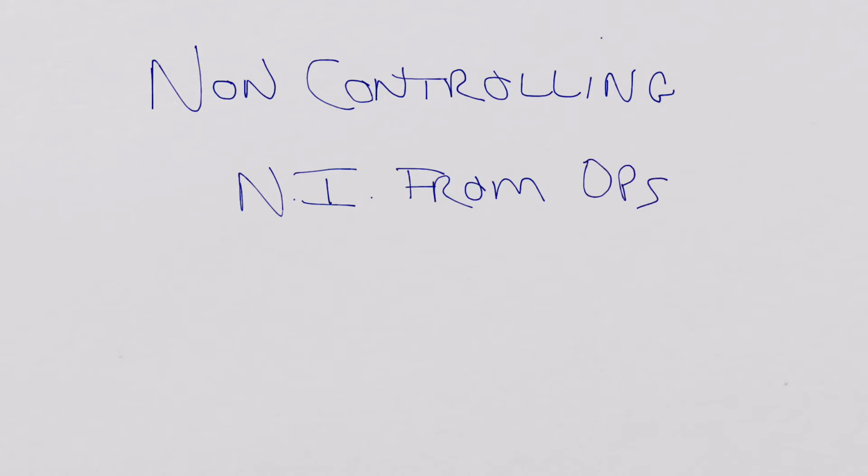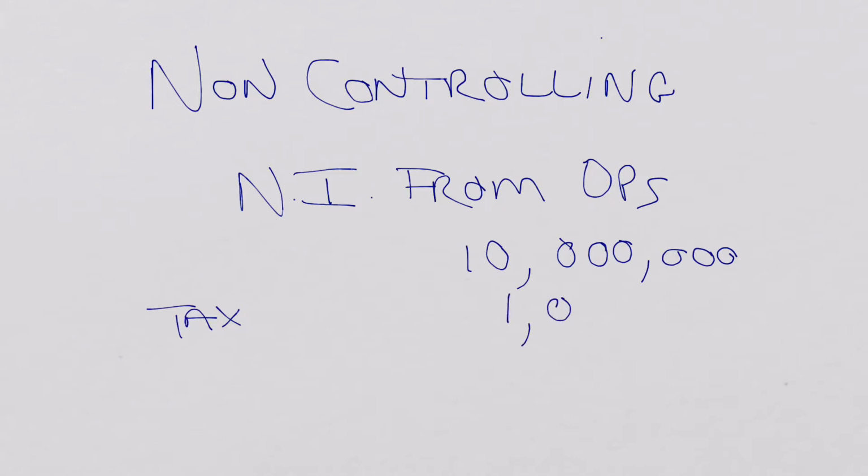So you're going to see a net income from ops, and if it's Nike, the way I think Nike works, it's more a number like $10 million, maybe even more. Then they'll have the tax, and knowing Nike, they're not paying a whole lot of tax, so they've got all kinds of gimmicks.